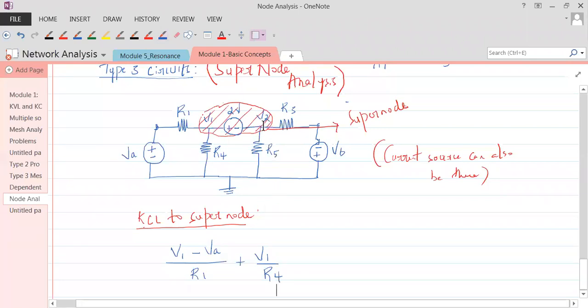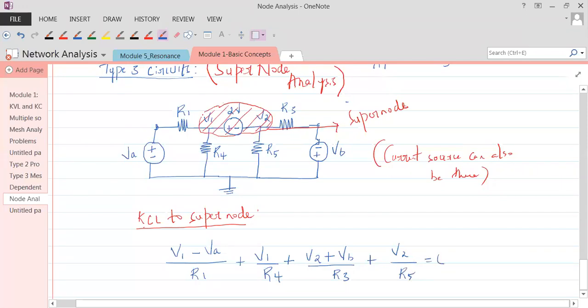Now let's go to the other side. This is V2, right? So V2 minus of minus VB divided by R3. V2 minus of minus would become plus, V2 plus VB divided by R3. And another current is V2 by R5.